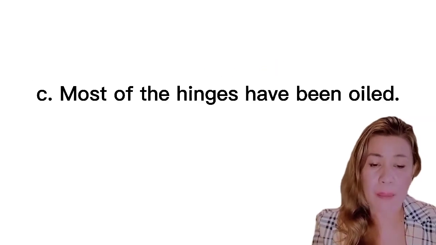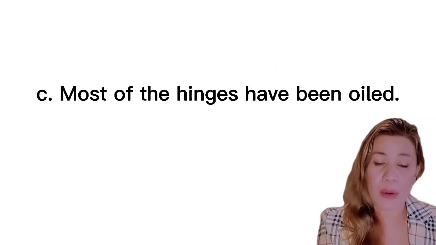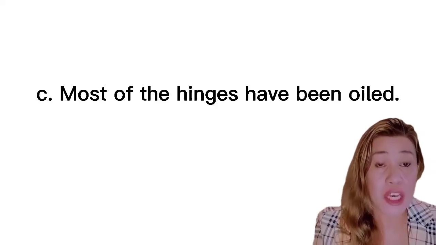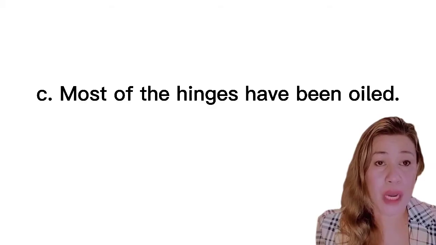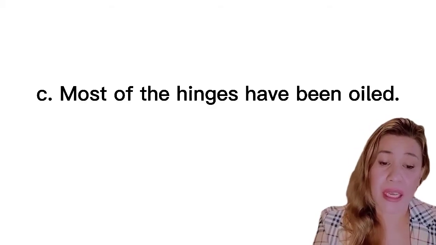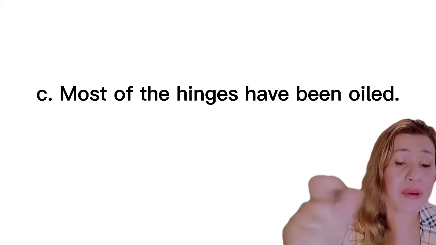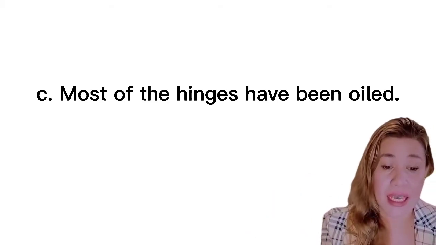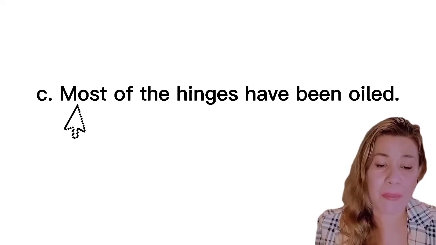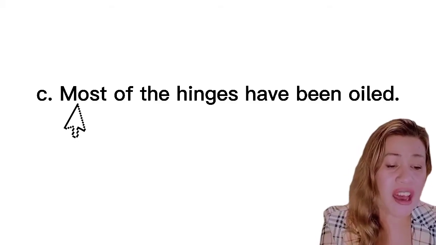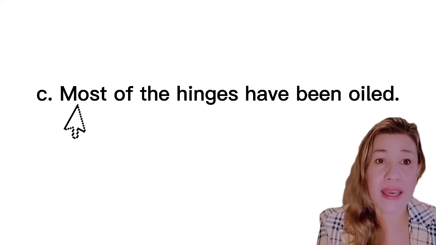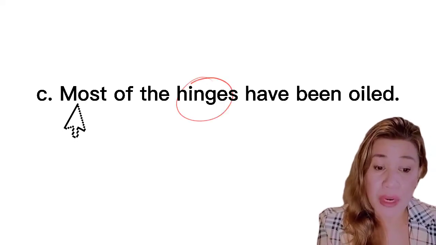In the next example, again, most is our subject. And remember, it is one of the 6 tricky indefinite pronouns because it can be used plurally and singularly. Again, we have to make reference to our antecedent. So, what is the antecedent of most? Here in this example, most of the hinges have been oiled. Our antecedent for most is hinges, plural, right?